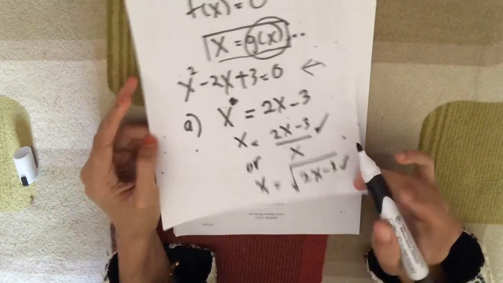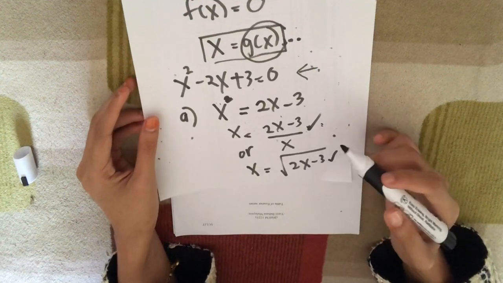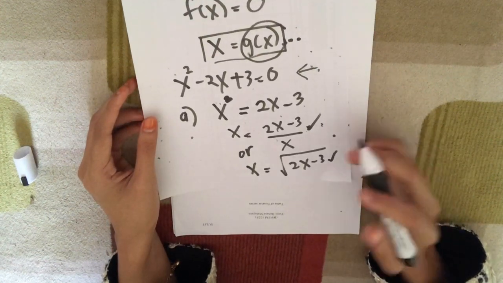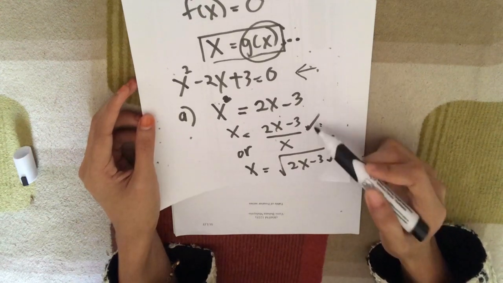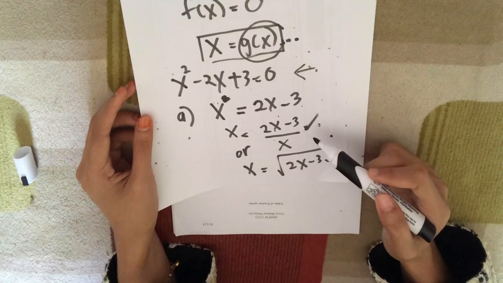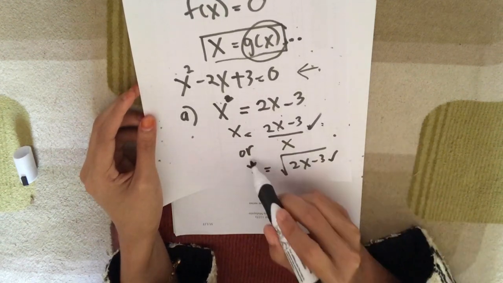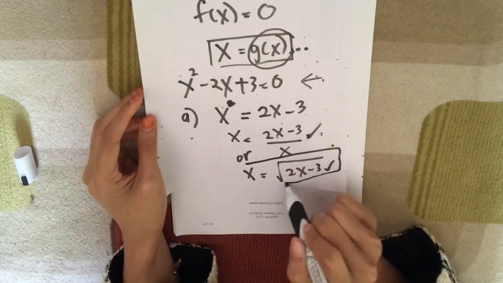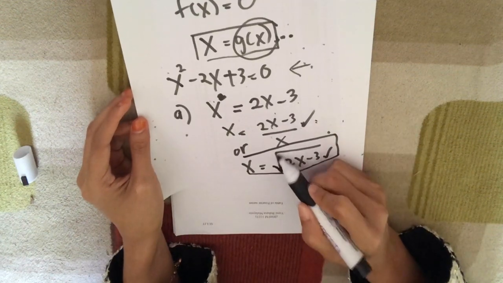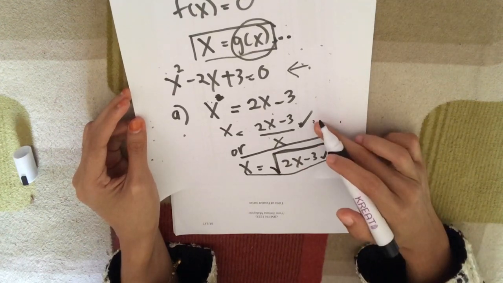You can see clearly here between these two, in your opinion, which one will lead to the complicated calculation? For me, I see this one as complicated because it has a square root compared to this one. This one is easier, I think.